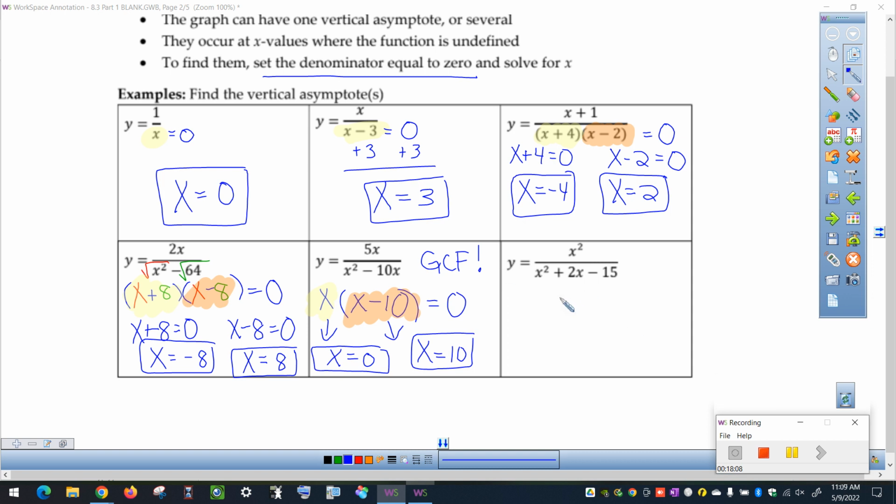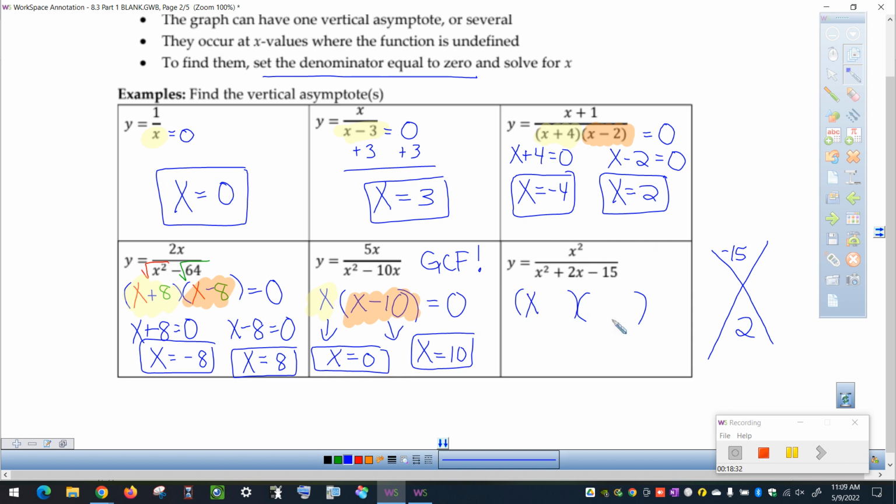All right, let's take a look then at this last one. So now we do have a trinomial. It is a basic trinomial because it's just a positive 1 in front of the x squared. So we are going to be able to factor it into two parentheses side by side. And here we're just going to figure out what multiplies to negative 15 and adds to positive 2. So it looks like we will be able to do positive 5 and negative 3.